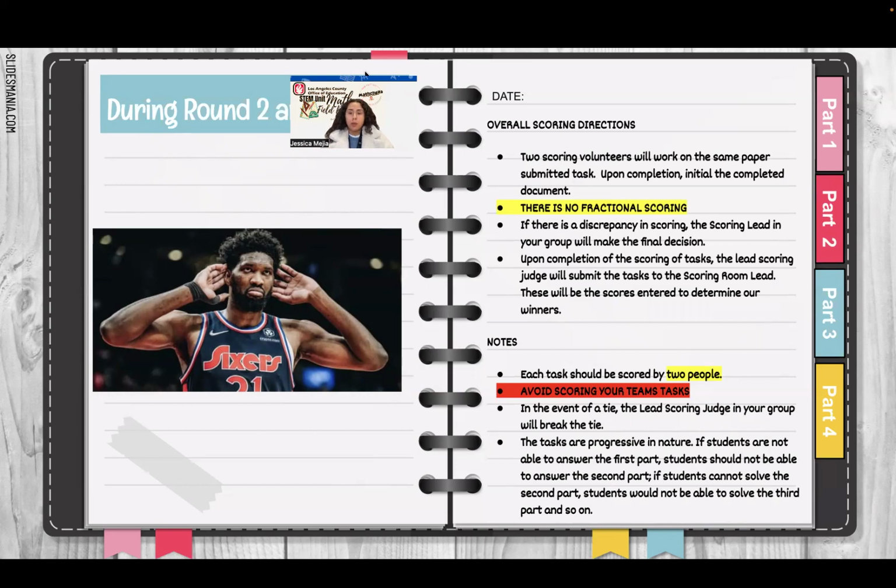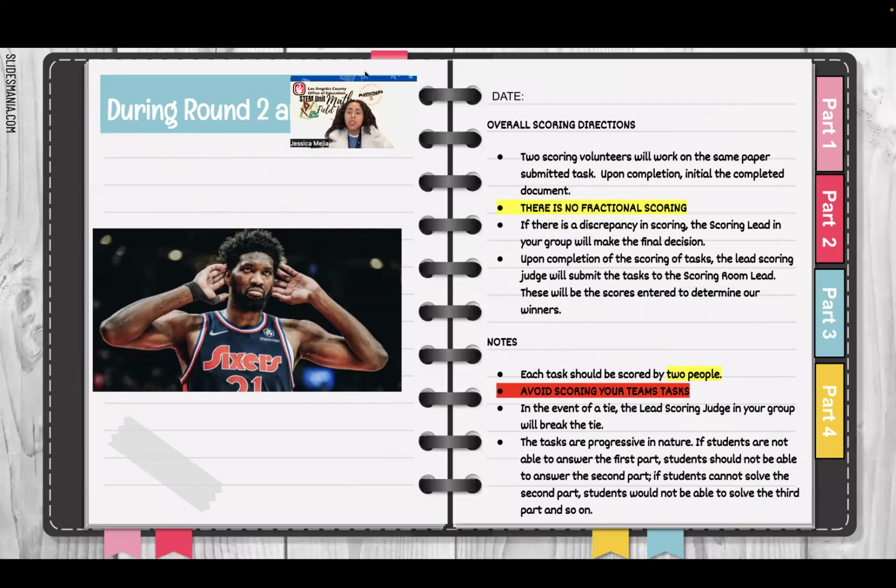If there is a discrepancy in scoring, let's say one scorer gave a task 7 while the other scorer gave the task a 5, then the scoring lead in that group, the one that you designated from the beginning, will make the final decision as to what the score is by rescoring it themselves.